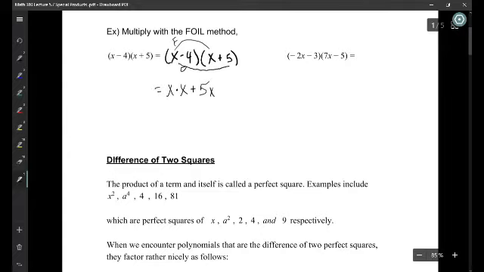We do our inside. So that's a minus here. So it's important that we have minus 4x. And then we do our last multiplication. Negative 4 times 5. So minus 4 times 5.